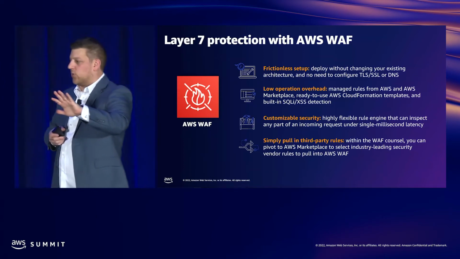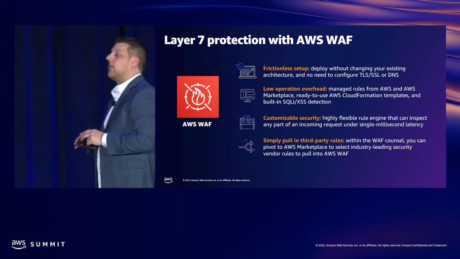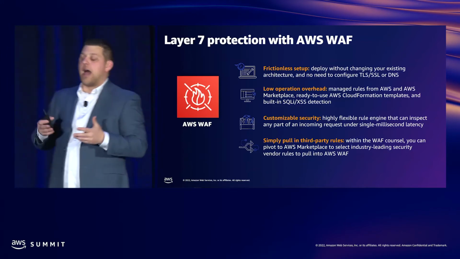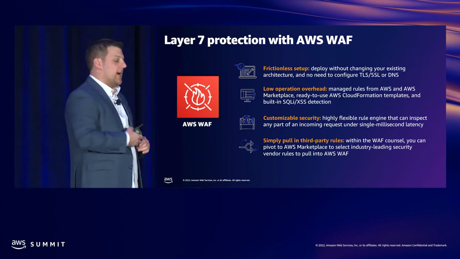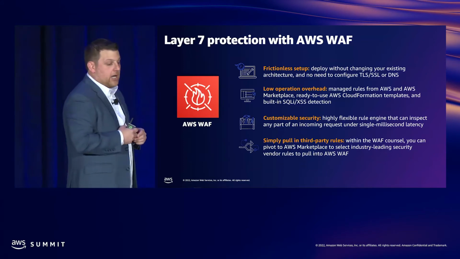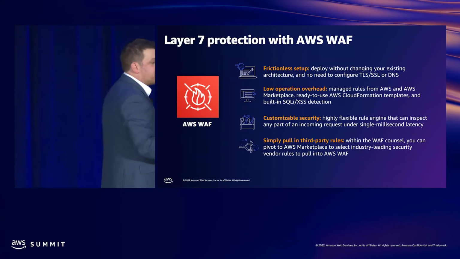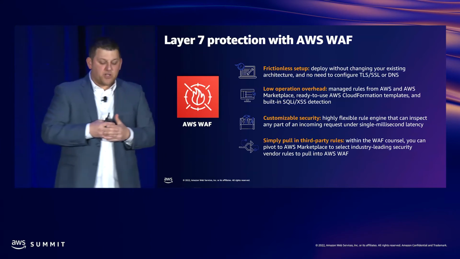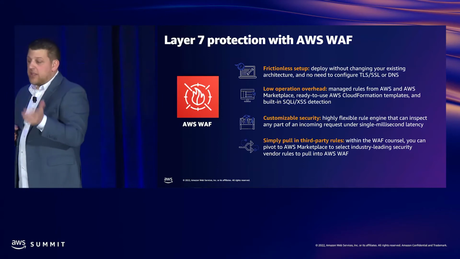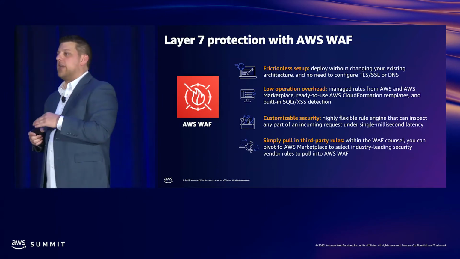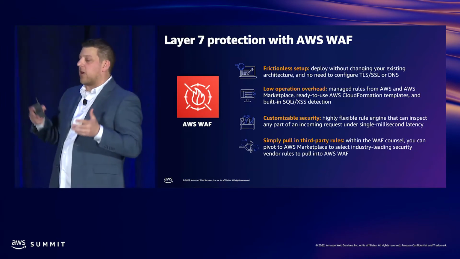You can use our managed rules, or you can get into a lot of detail on how you customize WAF, whether it's geolocation, rate-based rules, or if you want to respond with a CAPTCHA. There's a lot of different things that you can do, and you have a lot of flexibility to get as deep as you want. And then you can also pull in third-party partner rules within our marketplace.